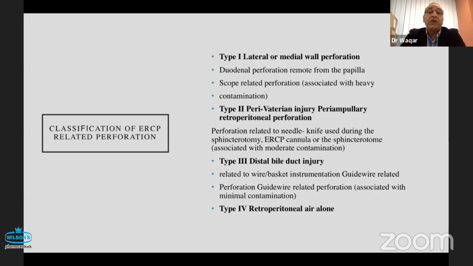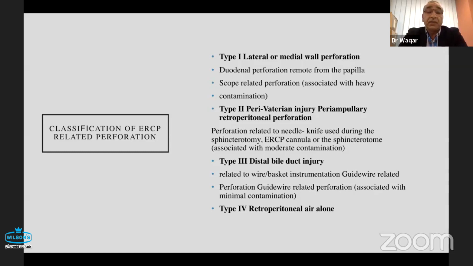Or it can be when there is altered anatomy like Billroth 2 stomach, it is possible that the loop of the duodenum formed in the stomach might cause a tear, either in the stomach or in the duodenum. So that is the one which is usually associated with maximal contamination, and the tear is quite big as it's caused by force of the scope.